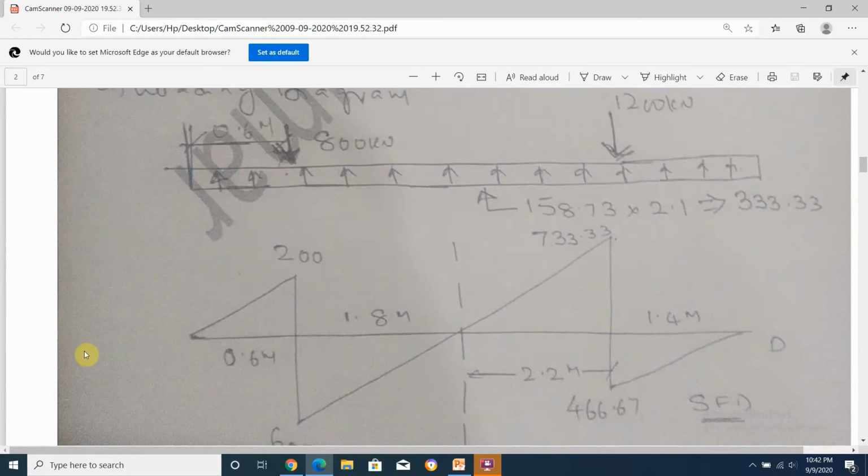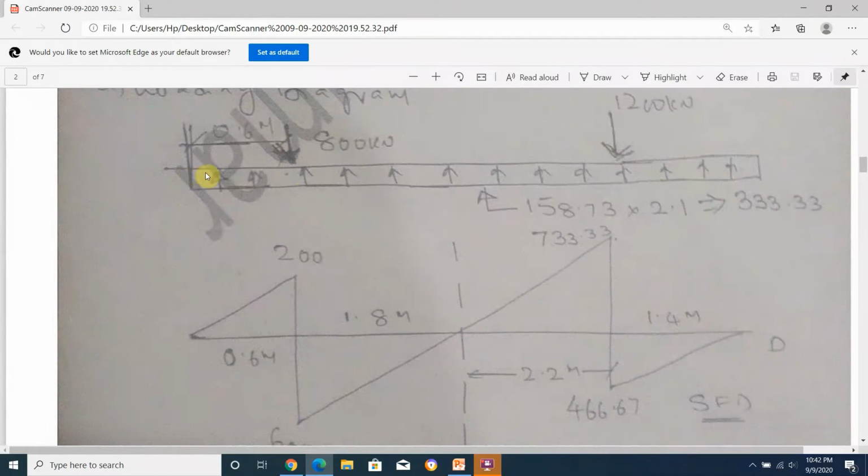So now let us try to understand how we calculate the shear force diagram. We have learned in the third semester the shear force diagram: upward forces are positive, and the shear force at this point is equal to 0. At this point, how do we calculate?